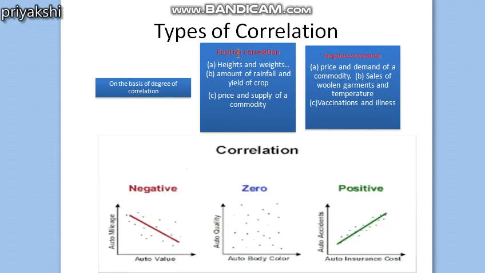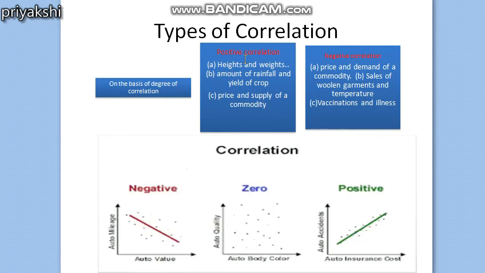Fine. So as you can see, correlation is said to be positive when the values of the two variables move in the same direction, so that an increase in the value of one variable is followed by an increase in the value of the other variable, or a decrease in the value of one variable is followed by a decrease in the value of the other variable.